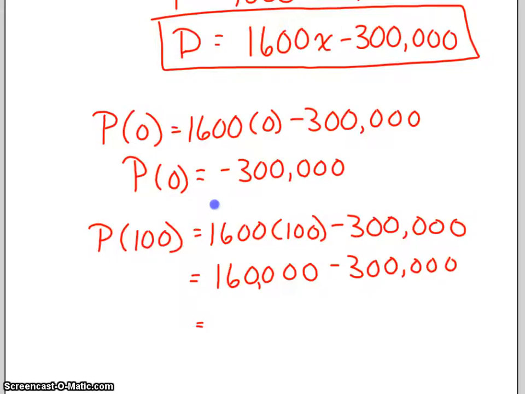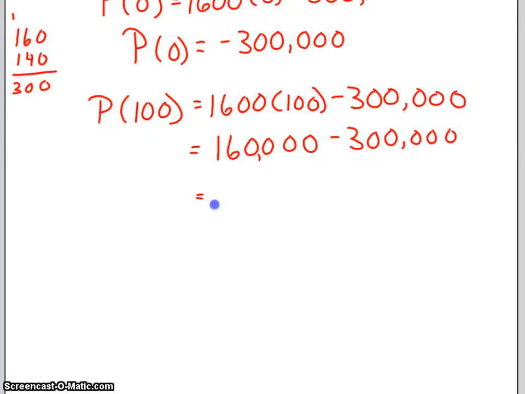That's going to be negative 140,000. We could just double check that. Okay, so that will be negative $140,000. So our profit is still negative, but we're getting closer and closer to zero. As you make more items and as you sell more items, you'll begin making a positive profit.